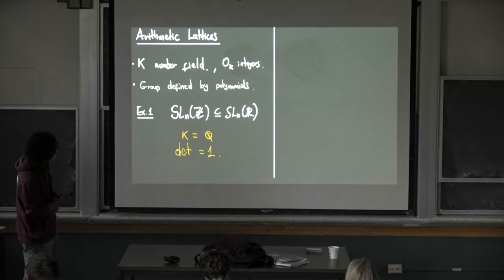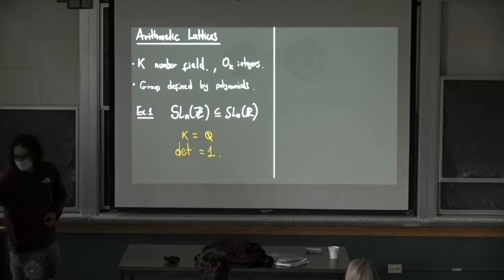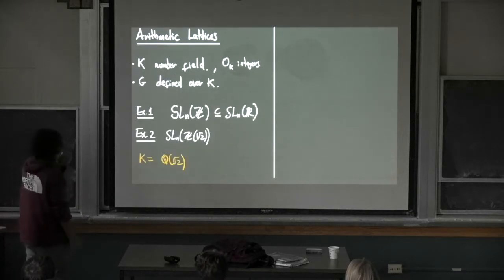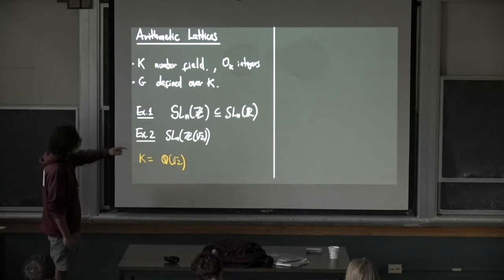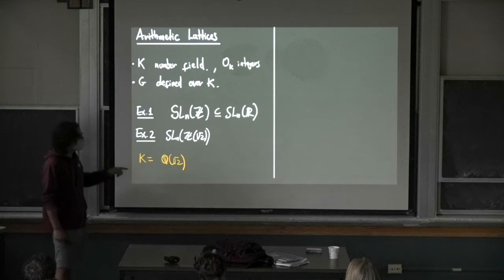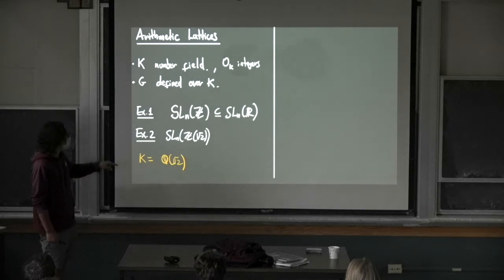The second example would be taking the same equation, but changing the field to Q adjoined square root of 2.